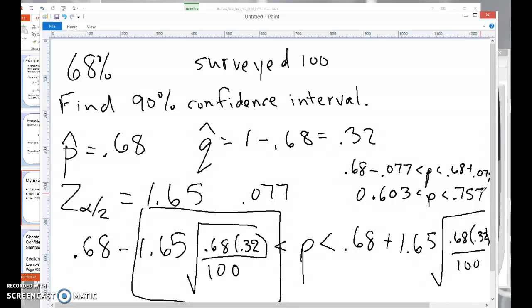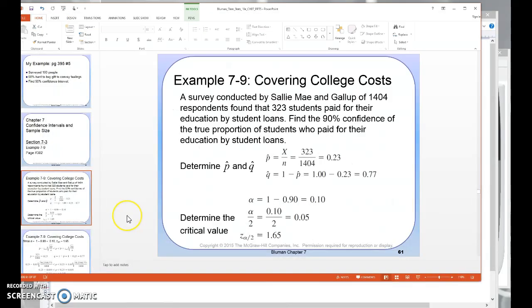You can be 90% confident that the percentage of people who find it hard to buy a thoughtful gift is between 60.3% and 75.7%. Here's another example for you to look through in regards to that proportion.